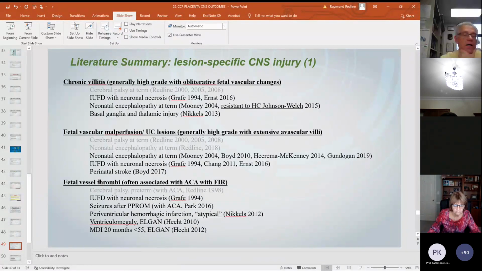Thrombi per se, usually associated with acute chorioamnionitis. Again, neuronal necrosis in stillborns, seizures in preterms after preterm premature rupture of membranes associated with chorioamnionitis, periventricular hemorrhagic infarction by Peter Nichols, ventriculomegaly and abnormal MDI at 20 months in the Elgin Study by Jonathan Hecht in collaboration with Alan Leviton.